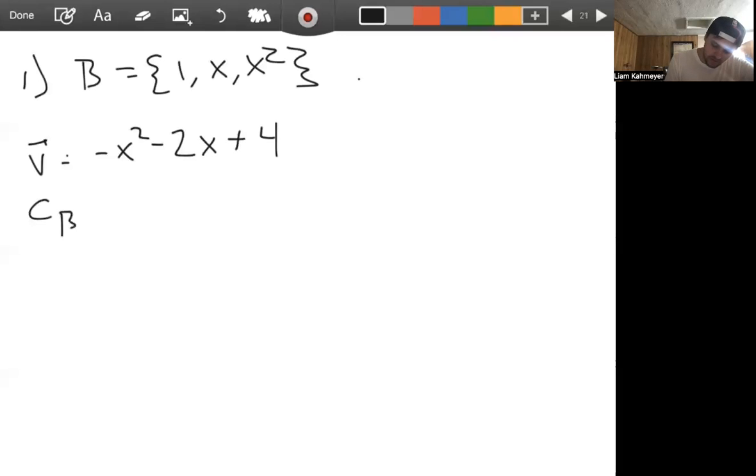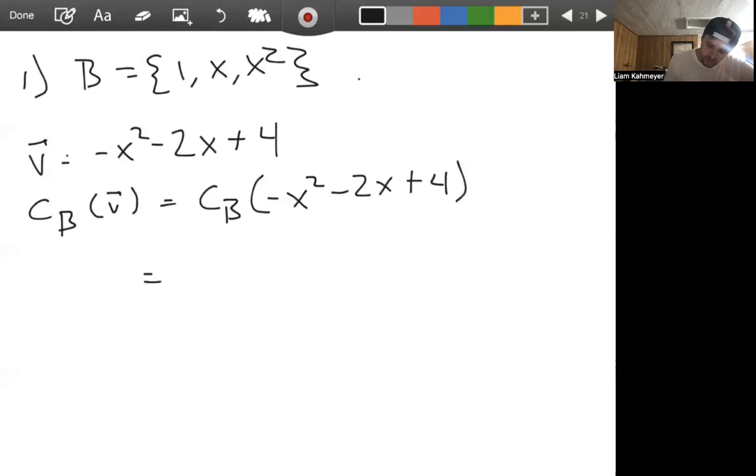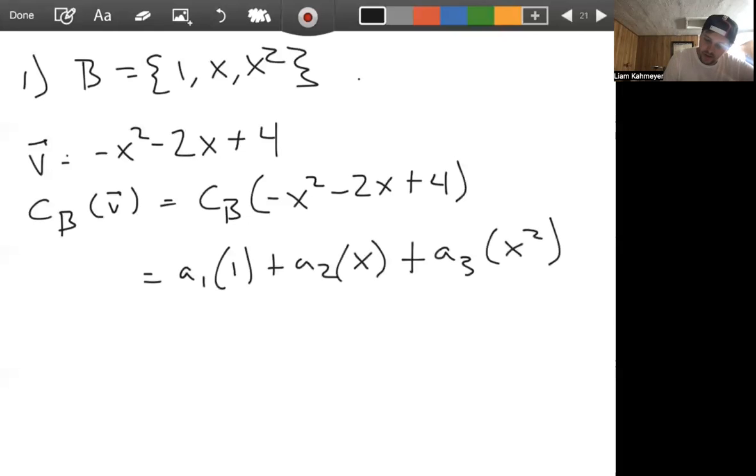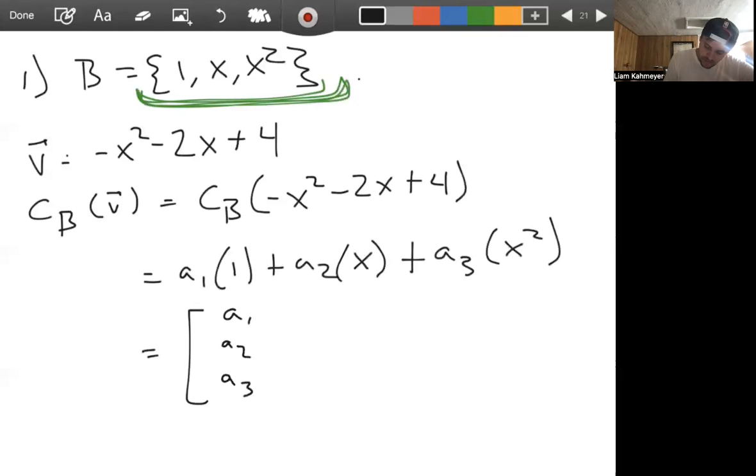The coordinate vector of v is, you apply the isomorphism to the element, which is equal to a1 times 1 plus a2 times x plus a3 times x squared, because those are our basis elements. This is going to be the vector a1, a2, a3.